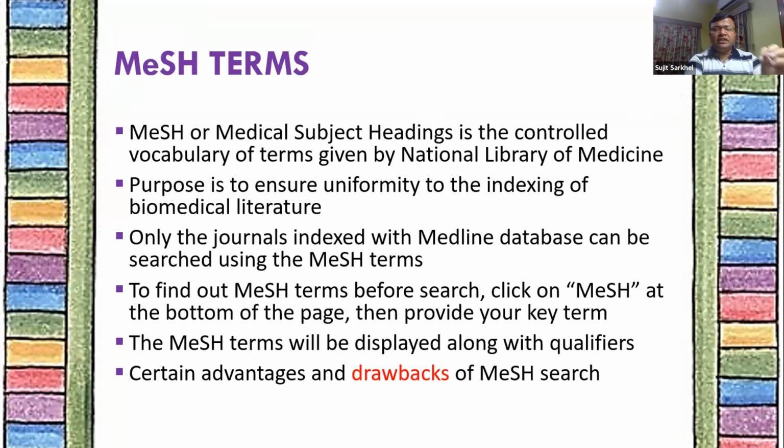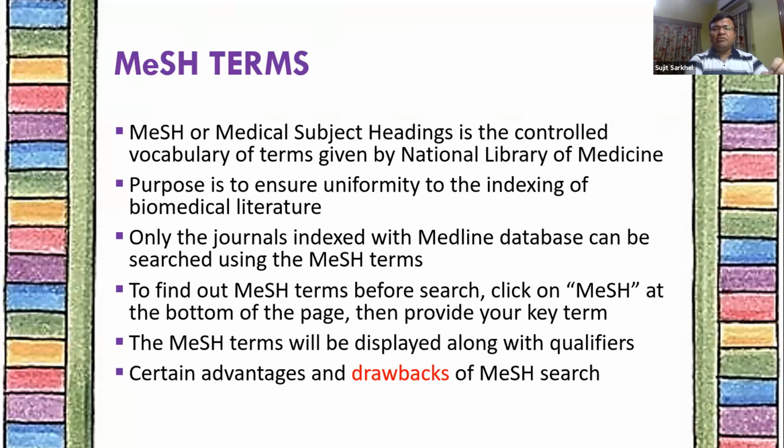So today in July of 2021, one article gets accepted in Medline. It will take quite a while to generate MeSH terms and ultimately for the MeSH terms of the article to be available. So very recent and current articles, even if they are indexed in Medline, may not be available through MeSH search. This is one.